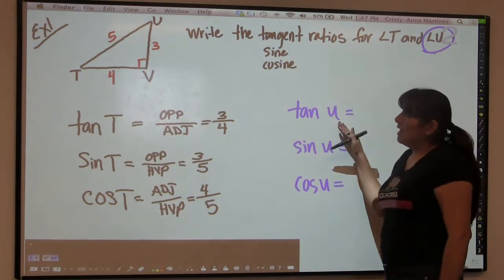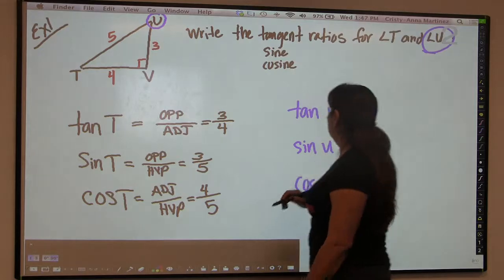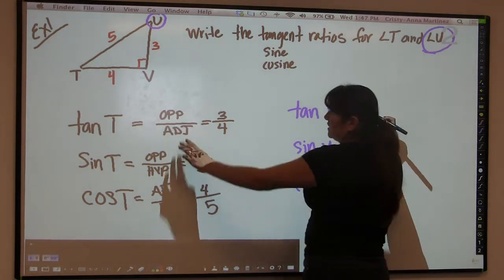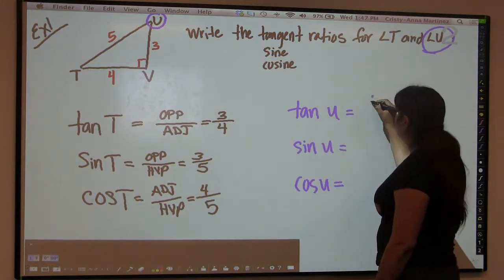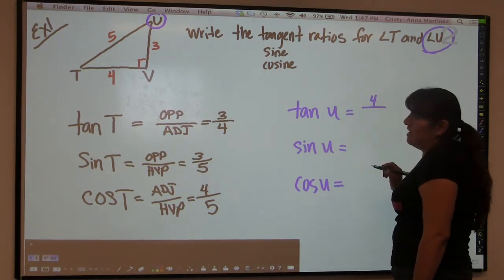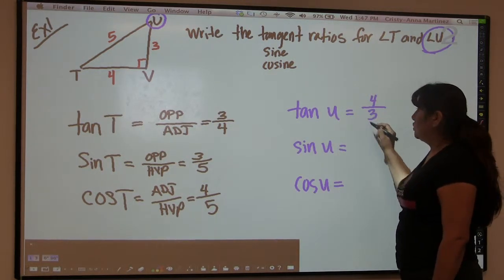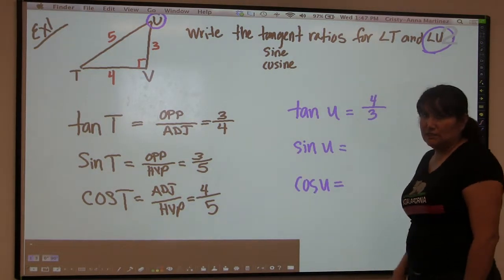So this time I'm going to be using U as my focus. So as I look at that, I want, again, tangent is opposite over adjacent. So opposite of U would be 4. And the adjacent side to U would be 3. So it's actually the reciprocal of tangent T.